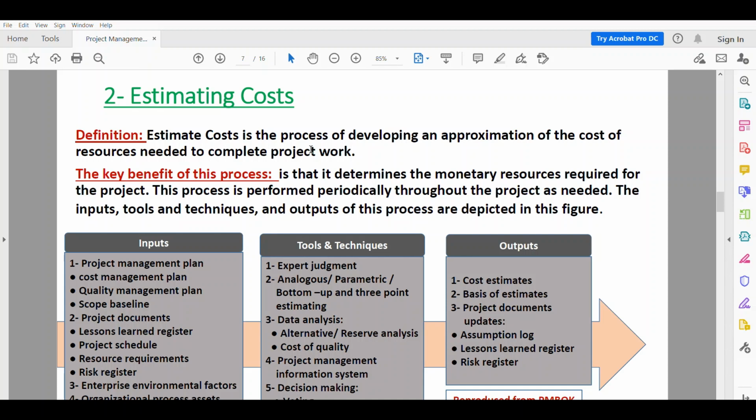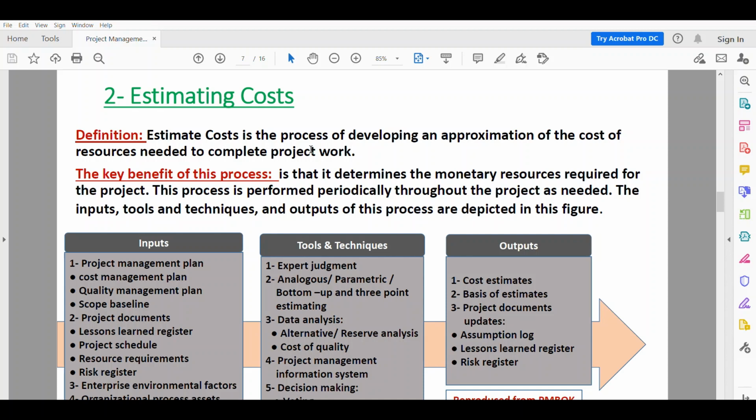See, this is an approximation. Nothing is exact here. It's all estimates. The key benefit of this process is that it determines the monetary resources required for the project. This process is performed periodically throughout the project as needed.